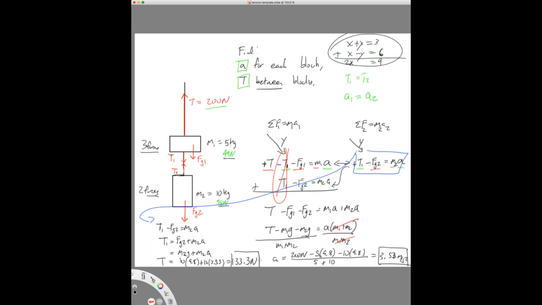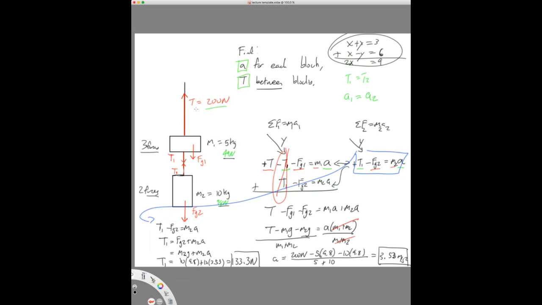Okay, so let me talk through what's happening with the tension here. That's T1. We apply a 200 newton tension on the top. And the tension in the middle, T1, sort of adapts itself. If you look at this number, you have 133.3 newtons. That's exactly 2/3 of this 200 newtons.